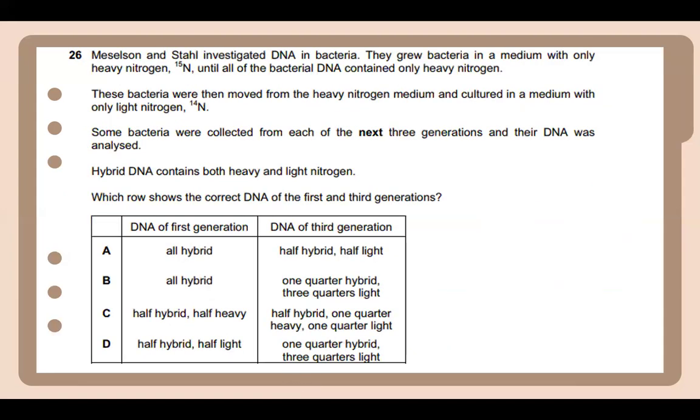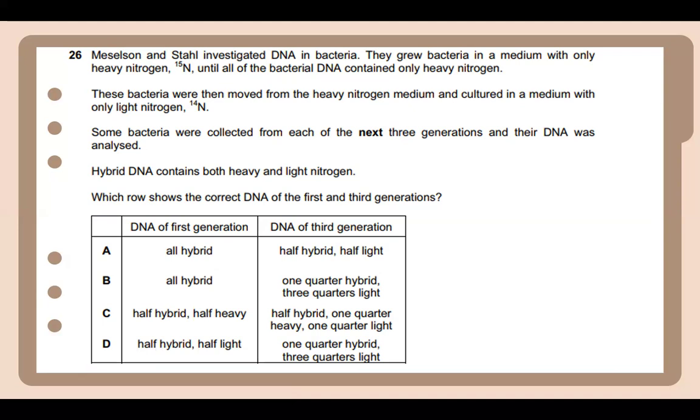Meselson and Stahl investigated DNA in bacteria. They grew bacteria in a medium with only heavy nitrogen, N-15, until all of the bacterial DNA contained only heavy nitrogen. These bacteria were then moved from the heavy nitrogen medium and cultured in a medium with only light nitrogen, N-14. Some bacteria were collected from each of the next 3 generations, and their DNA was analyzed.